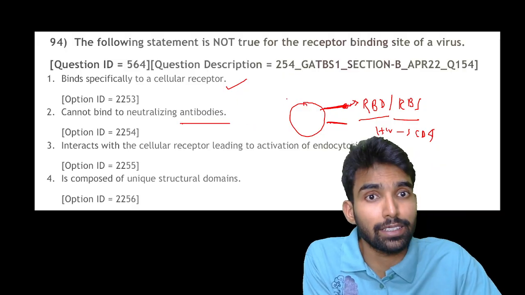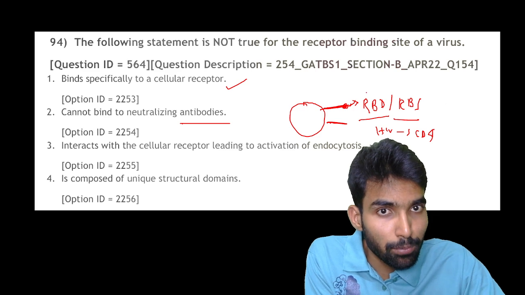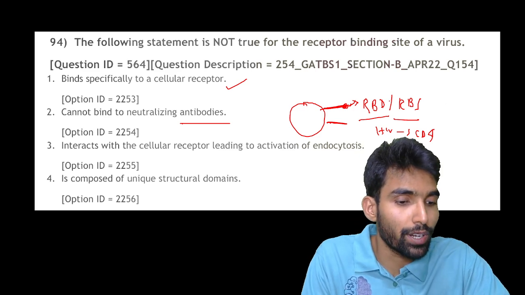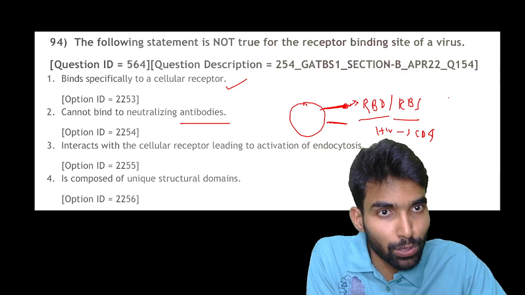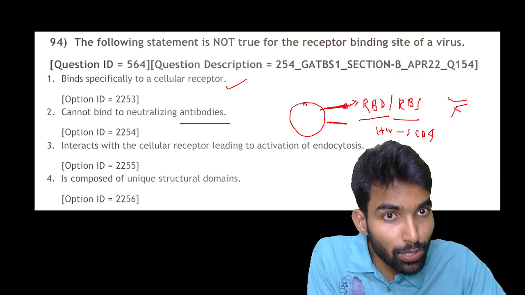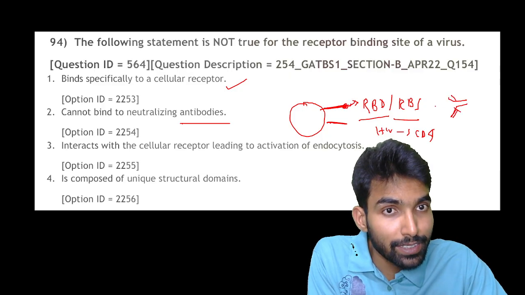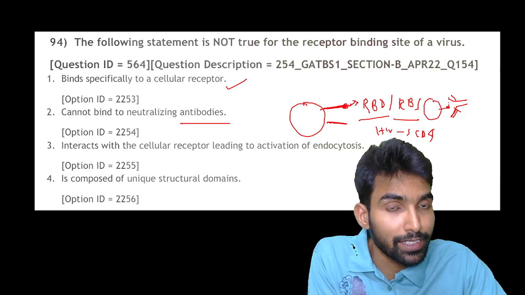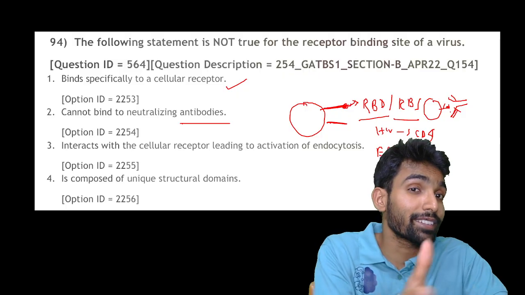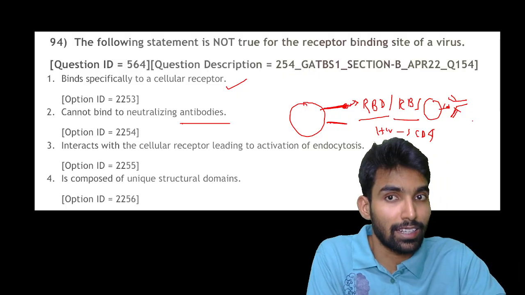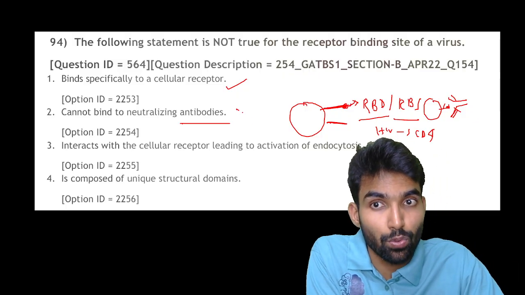What's called a neutralizing antibody? Some antibodies produced inside the host when the virus infects the human. The term neutralizing came because they neutralize the viral action. They bind to the receptor binding site. That's why the virus can't actually bind to the cell. So this is not true.